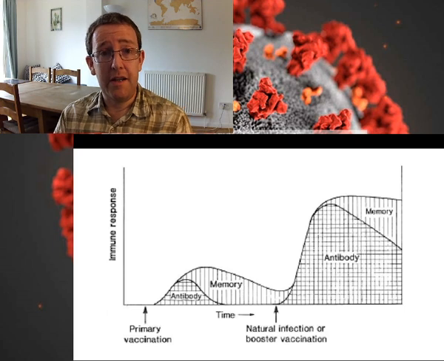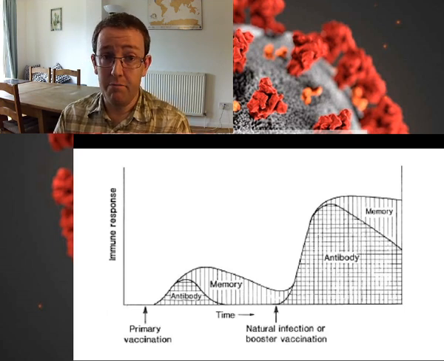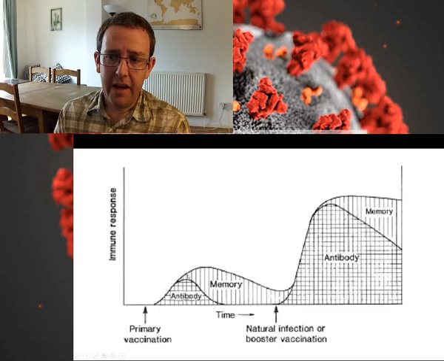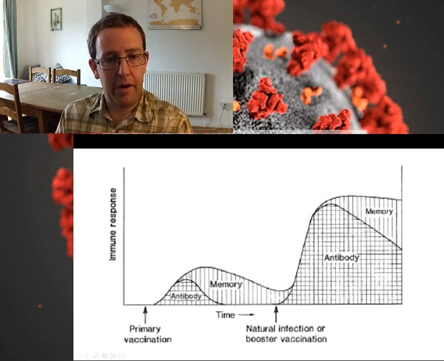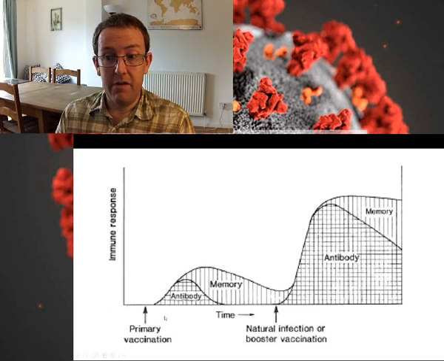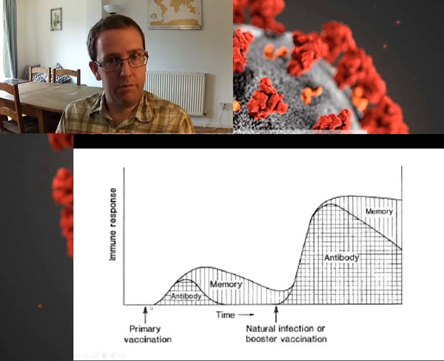So you may have seen graphs like this. This is the first of many graphs in this talk. In the first instance, the so-called primary vaccination, we stick our vaccine in there, and it generates some memory cells, some antibodies. But let's say we need about this level here for long-term sustained immunity, and our initial vaccination doesn't produce that.